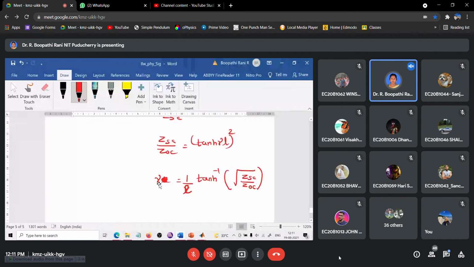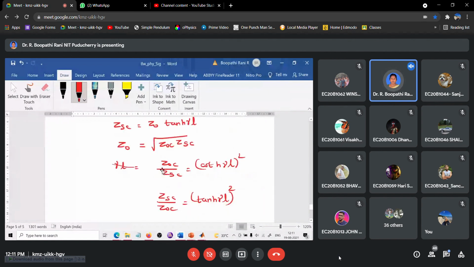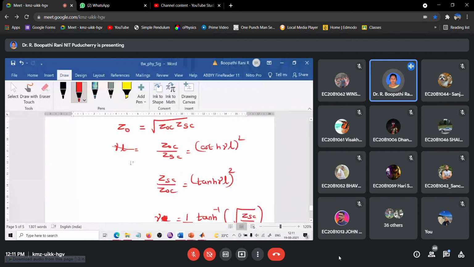See, now using the short circuited and open circuited impedances, we will be able to find the secondary constants of a line. Okay, because practically measuring the RLCG value will be difficult. But if we go with this open circuited, short circuited impedances method, we will be able to get the secondary constant Z0 and the propagation constant.